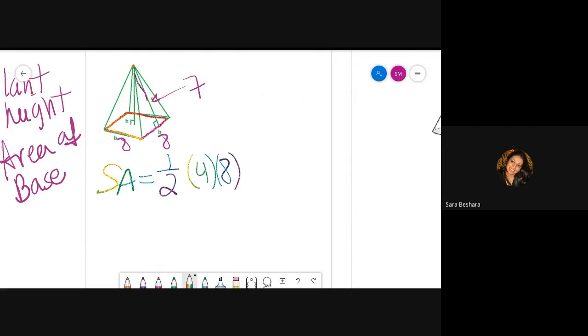If the slanted height is given, like it is in our problem here, just use it. If it's not given, you want to create the triangle and find it, because remember, it makes a right triangle with the height of the pyramid. But in our case here, it is given. Plus the area of the base. Now the base is a square, that's L times W, so it's 8 times 8.